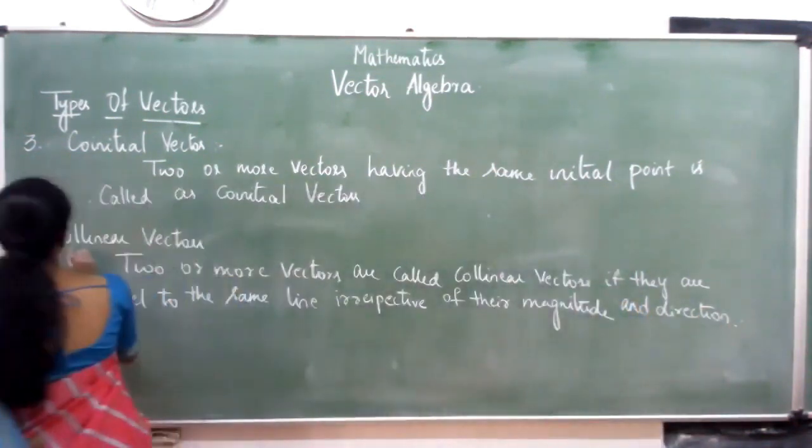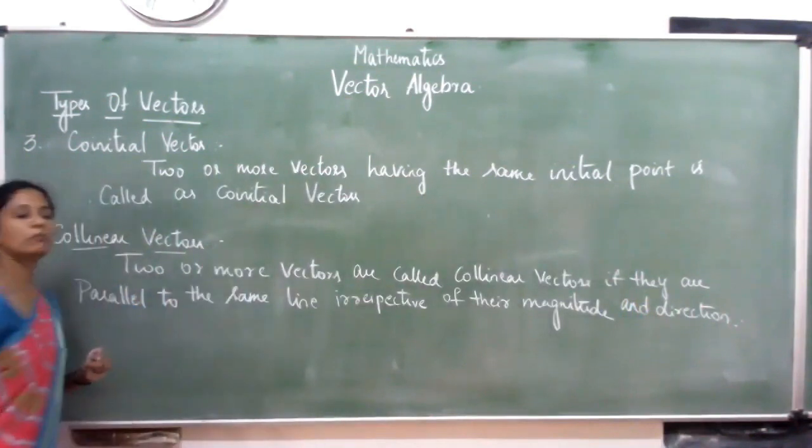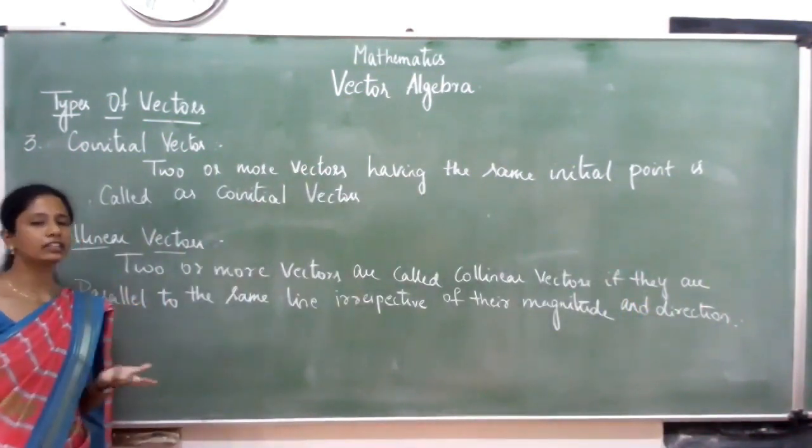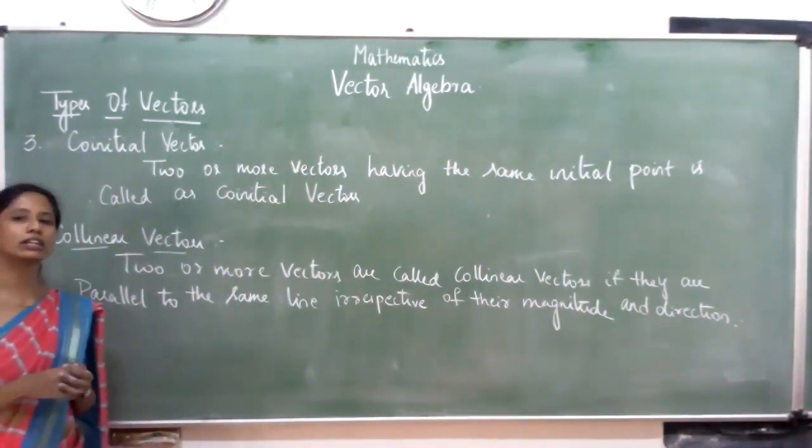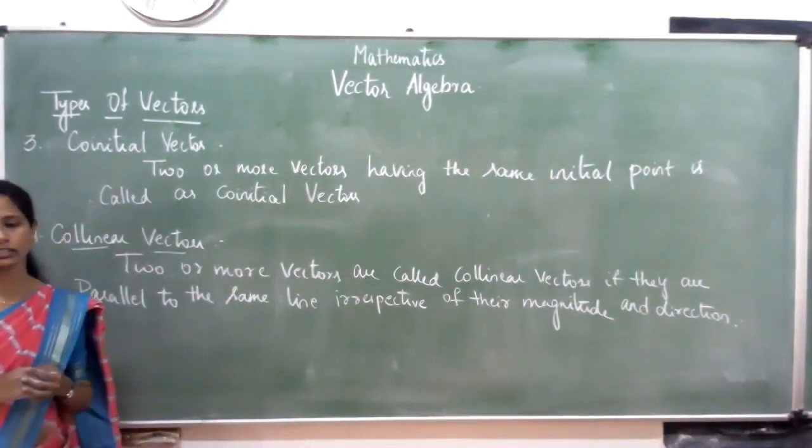So collinear vectors are those vectors which are parallel to the same line, whether their direction and magnitude differ or not. Then also they will be called collinear vectors.